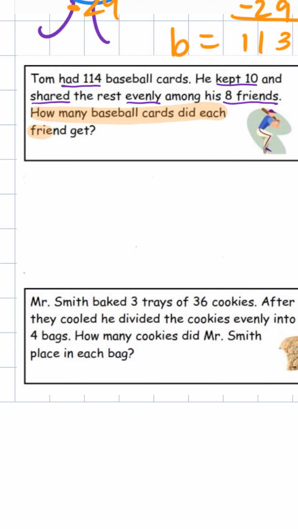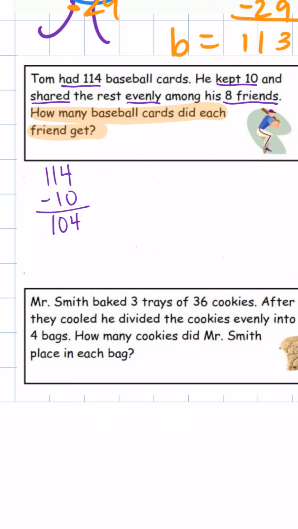Okay, so we know that he had 114, and he kept 10. So we want to take 10 out of that. Now it said that the rest were shared evenly among his 8 friends.